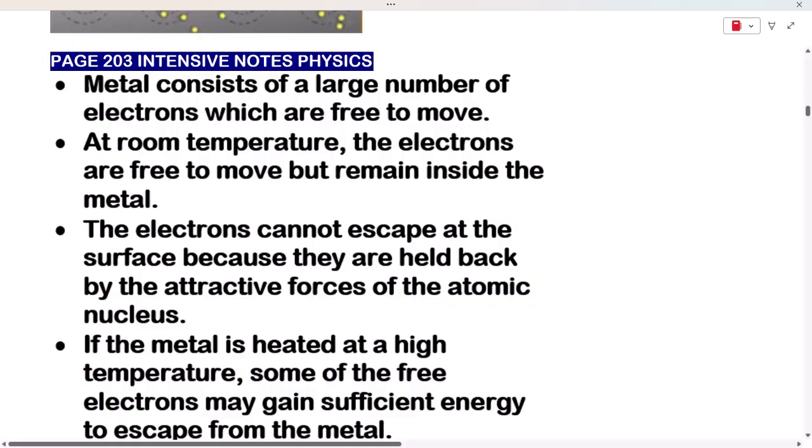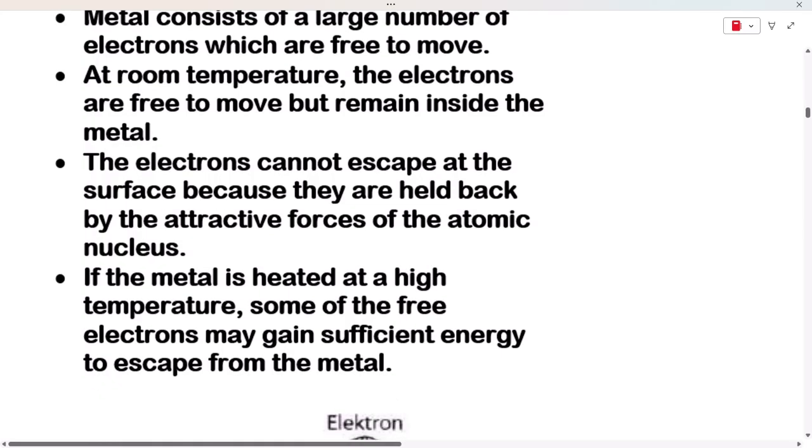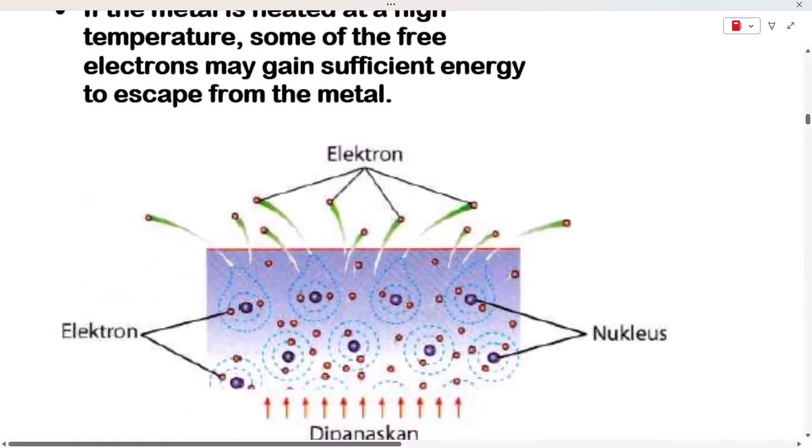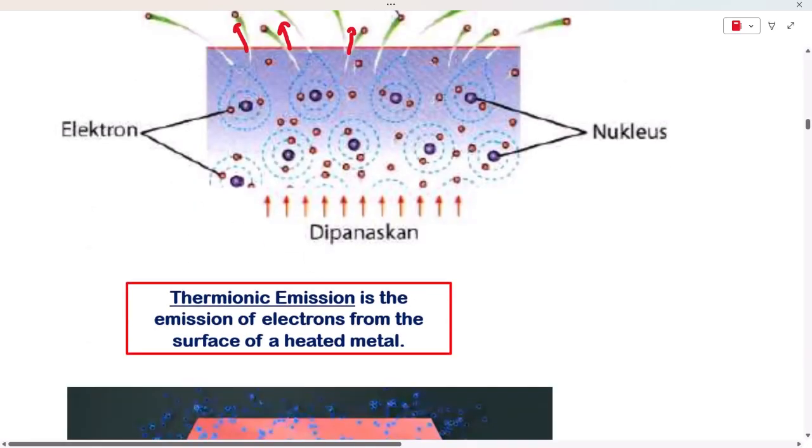If the metal is heated to a high temperature, some of the free electrons may gain sufficient energy to escape from the metal. As we can see in this diagram, these are electrons. The electrons gain energy, break the bonds, and are emitted from the surface to the surrounding.